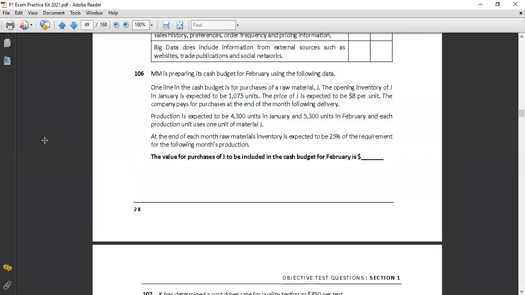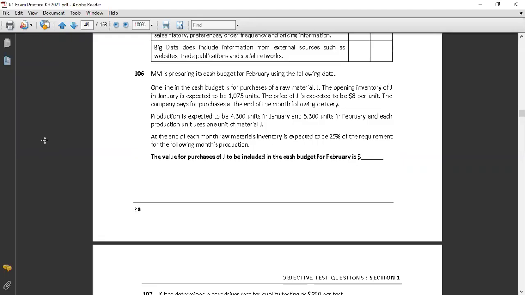The company is preparing its cash budget for February using the following data. One line in the cash budget is for purchase of raw material J. The opening inventory of J in January is expected to be 1075 units. The price of J is expected to be $8 per unit.